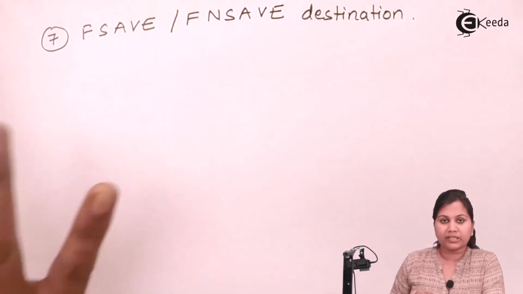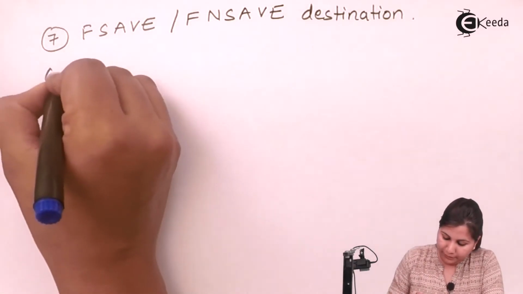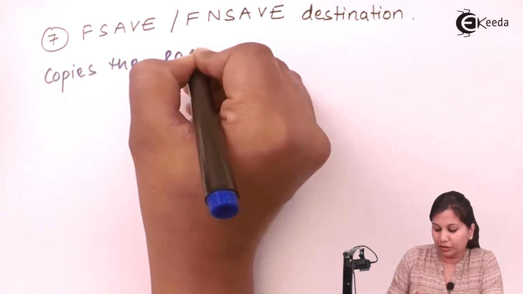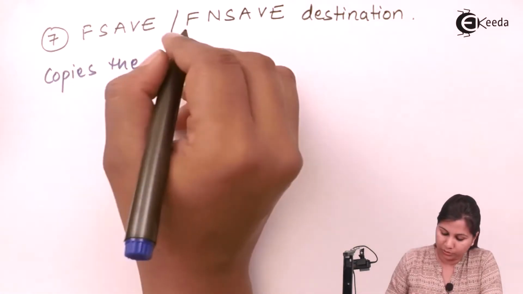So what this instruction does, it copies the 8087 control word, status word, all those contents.